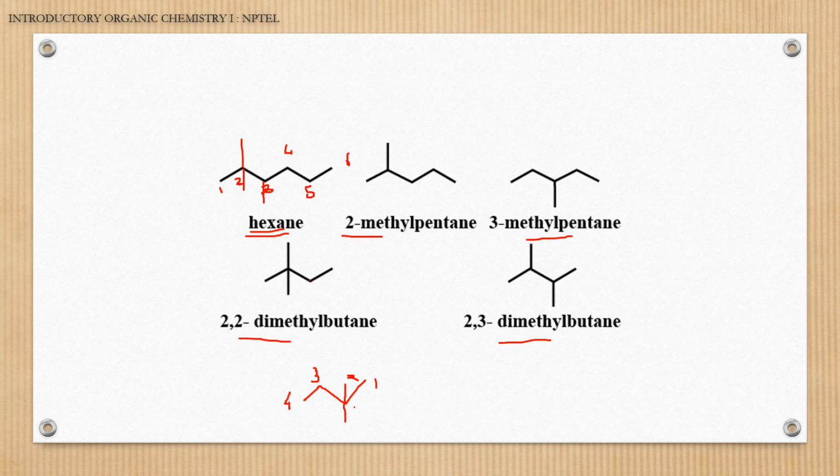Two methyls are getting the higher preference, so we start at this position because there is no other substituent to be biased. So here you are getting 1, 2. So at 2 position again you are getting 2,2-dimethyl. So it is not possible to have 3,3-dimethyl until you have another substituent present. If you draw this conformation, you will end up having the same identical molecule, na? So that is why it is not 3,3-dimethyl butane. Is it understood? Yes, ma'am.